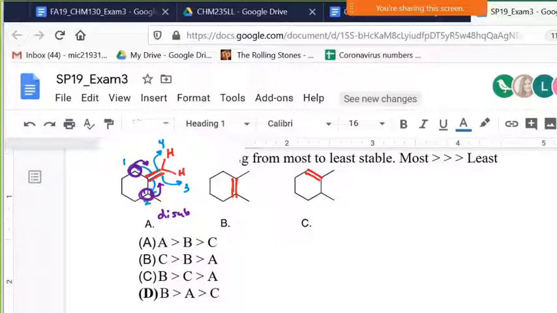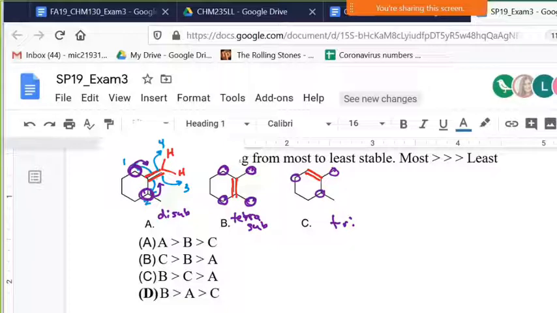If we go through and look at B, we're going to run the same kind of analysis, except B, instead of being di-substituted, is tetra-substituted. So all 4 potential sites are substituted with carbons. If we move to C, it is tri-substituted.